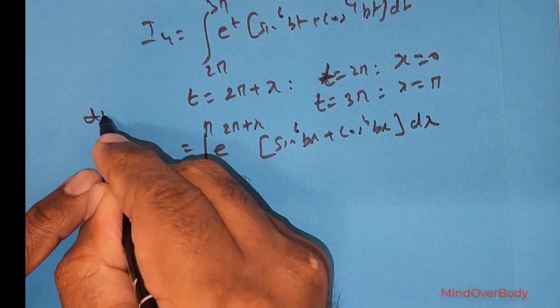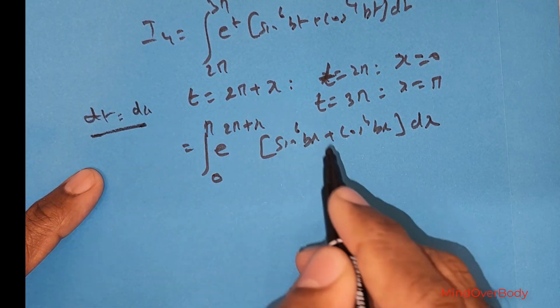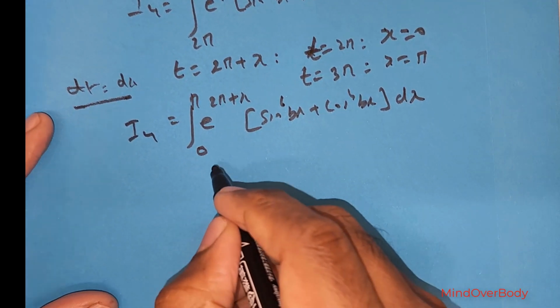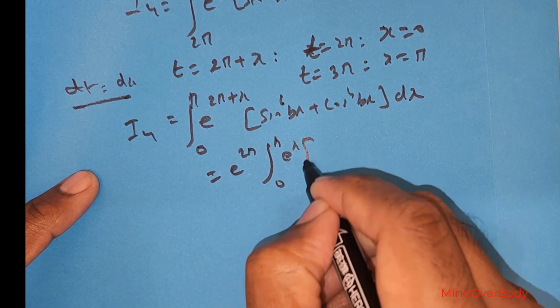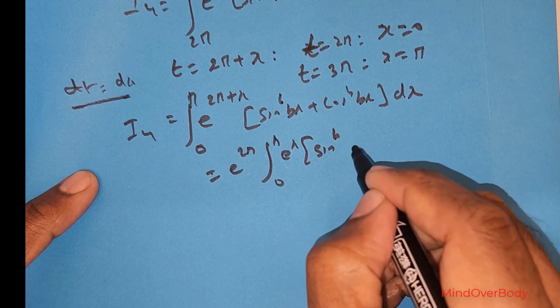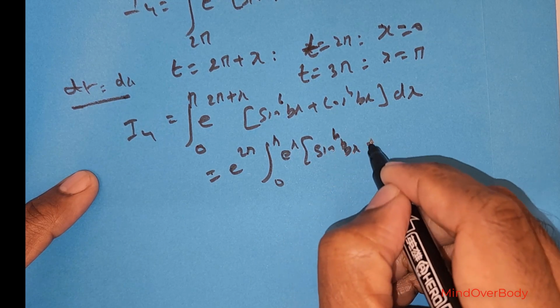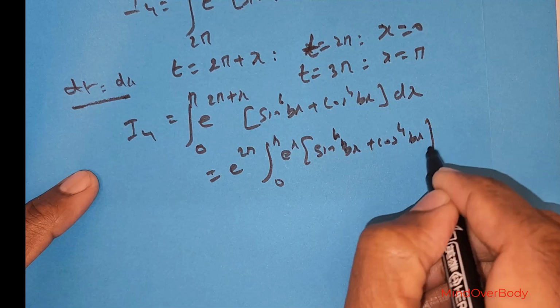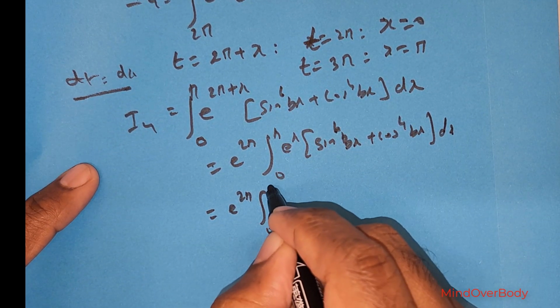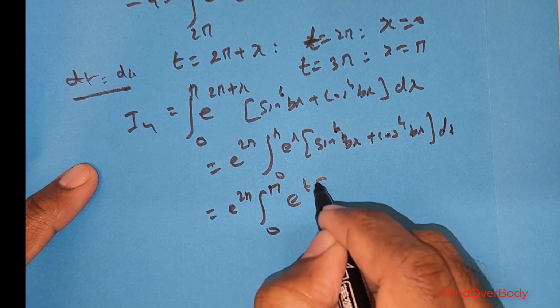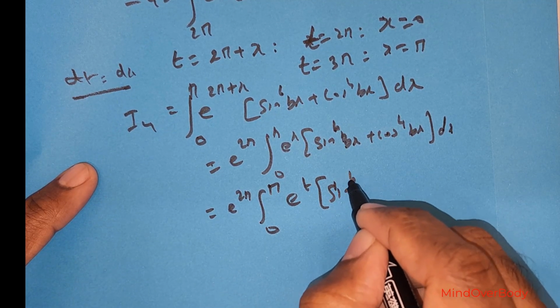Why dx? Because differentiating, dt is equal to dx. So this is my I4. I can rewrite this as e^(2π) times the integral from 0 to π of e^x sin^6(bx) + cos^4(bx) dx. I can revert this back to the original variable t. There's no harm in it.